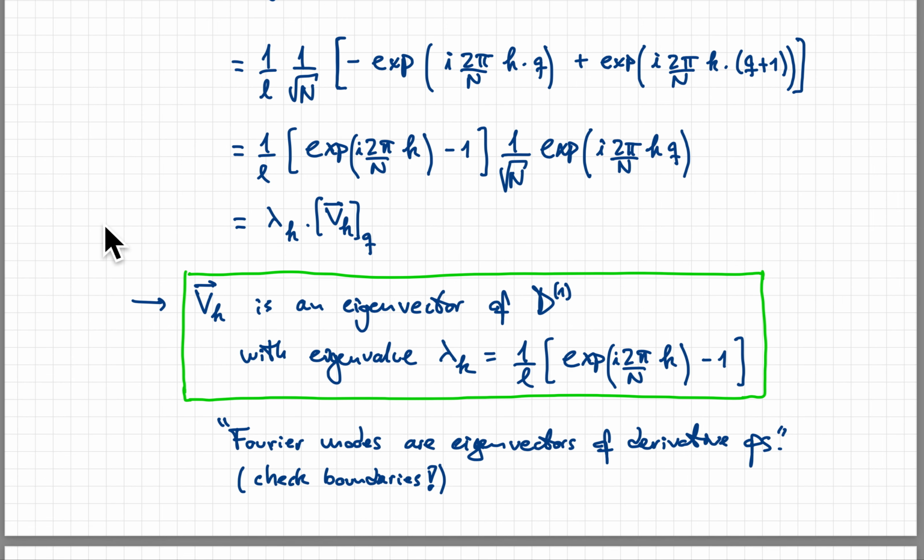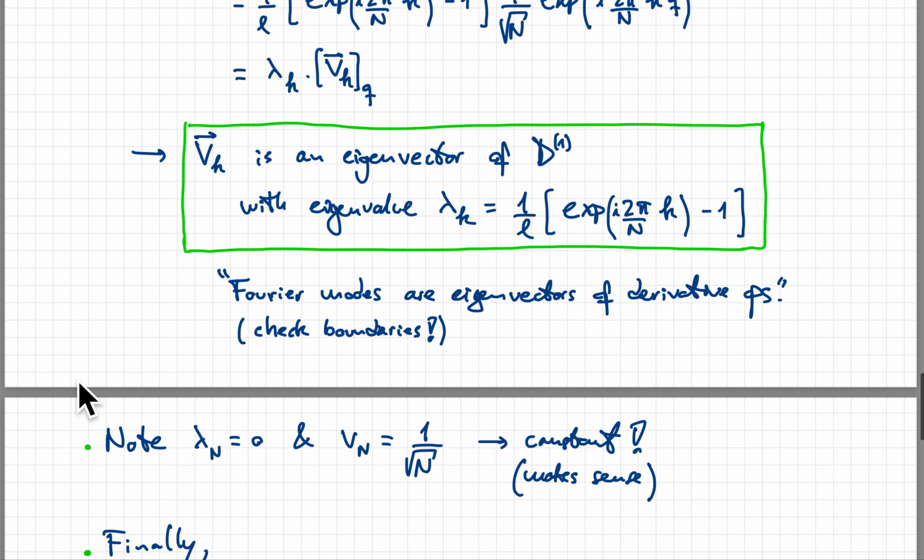And if you make the boundary conditions very complicated, like in higher dimensions, then you have to work a little harder, perhaps considerably harder, but it is always generally true that these differential operators will have some special modes that are generalized Fourier modes, or in this case, pretty standard Fourier modes, that are their eigenvectors, and those will have some eigenvalues. The result, of course, will depend on the boundaries.